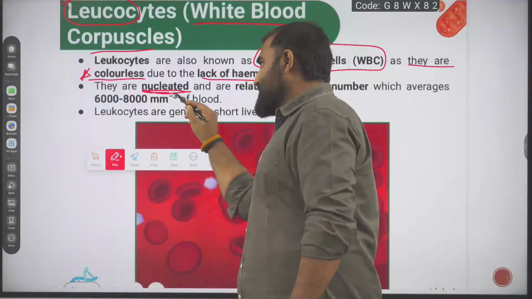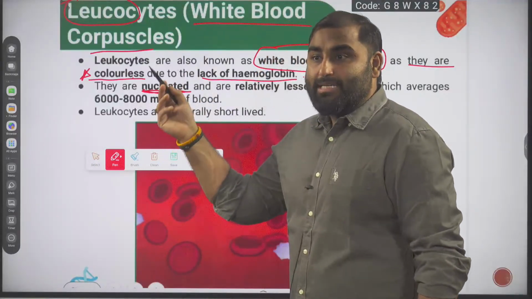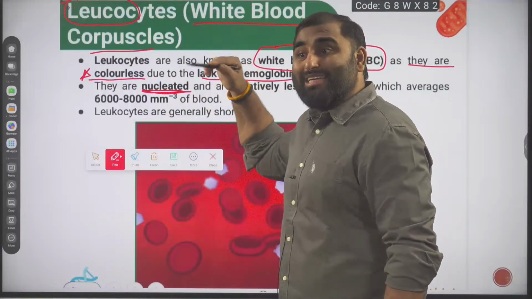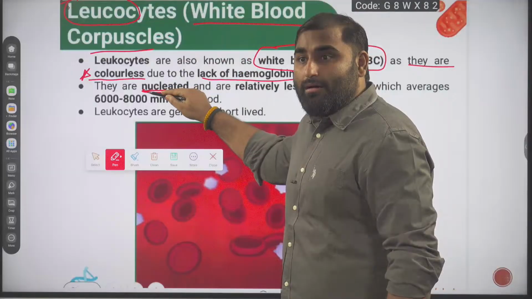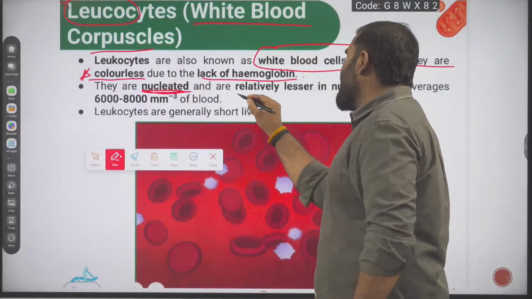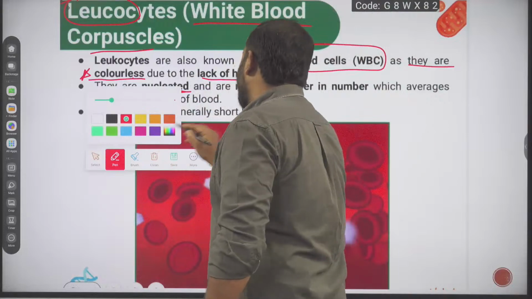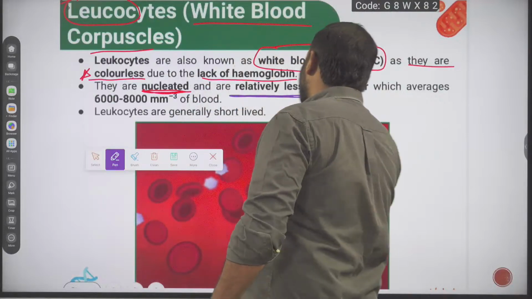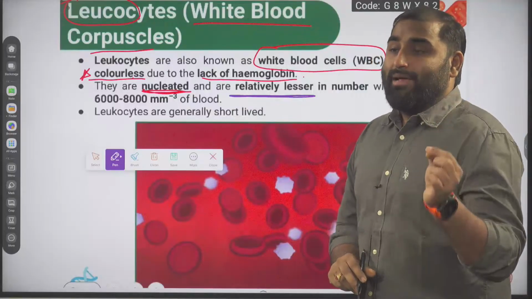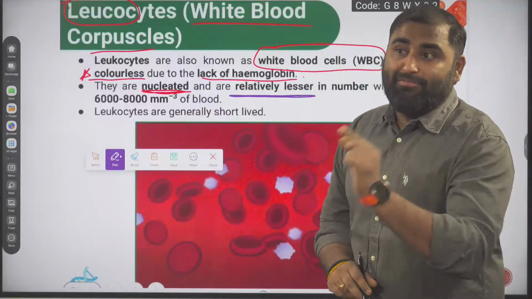So a lot of difference with respect to RBC. RBC was colored, here it is colorless. RBC was enucleated, here WBC is nucleated. But the number is relatively lesser. In 1 cubic millimeter, RBC was 5 to 5.5 million.